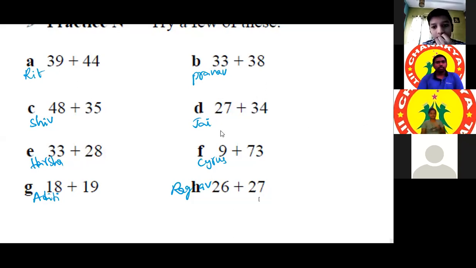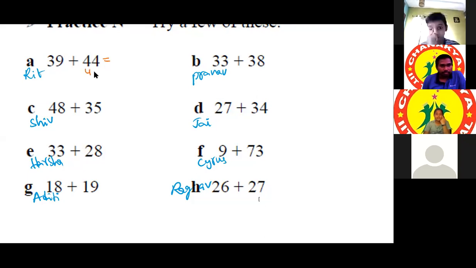We'll start with Ritvik. Ritvik, proceed. So I am taking 39 plus 44. From 44, I am taking 1 to 39, which becomes 40. This will become 43.